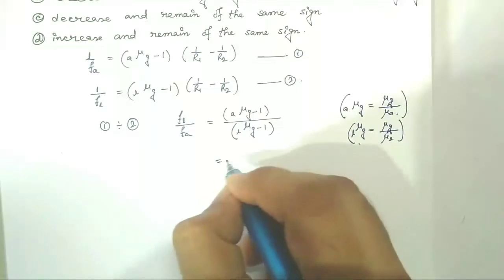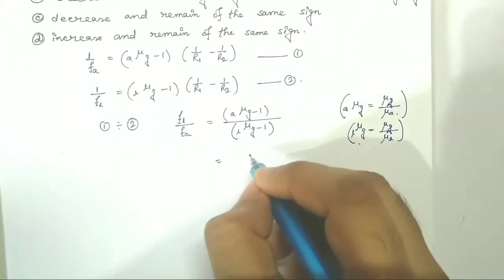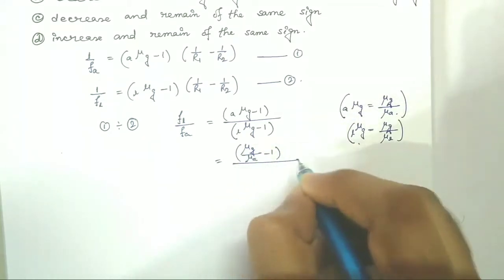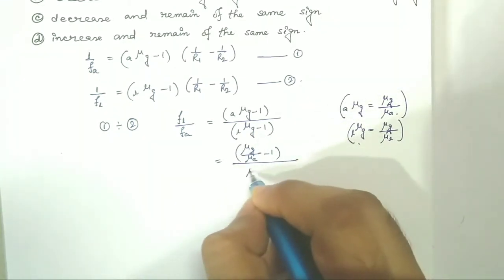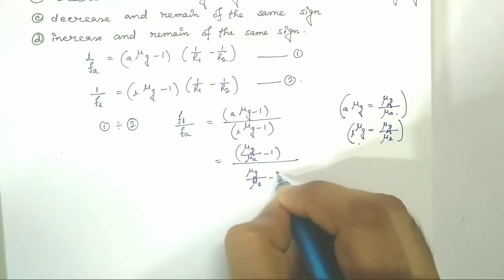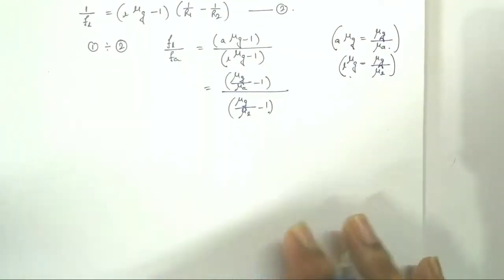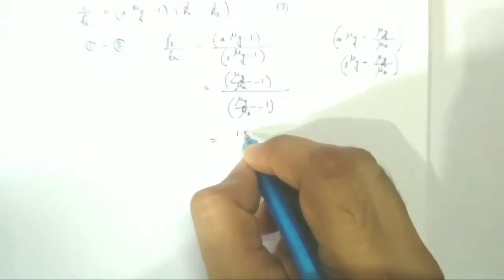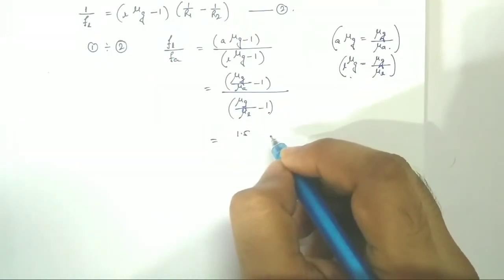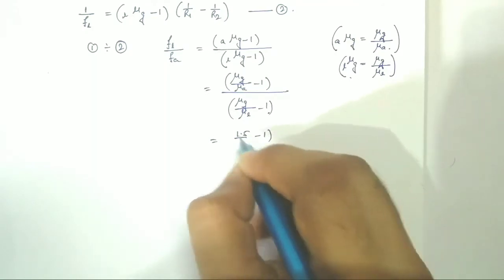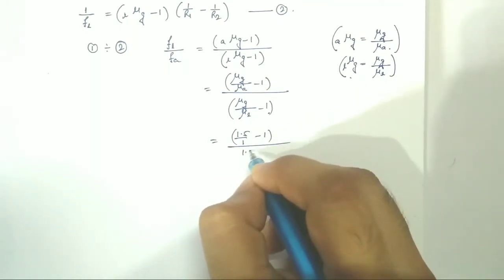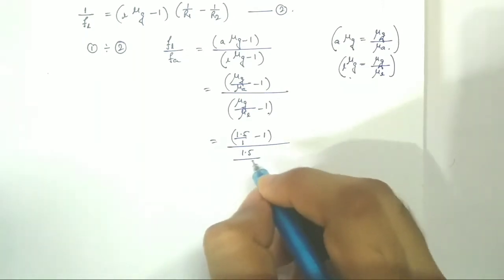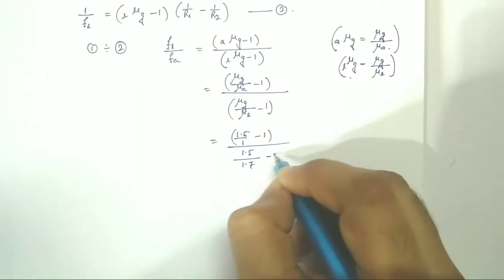Now aμg we can write as μg/μa − 1, and lμg as μg/μl − 1. Now μg is 1.5 and the refractive index of air is 1, minus 1, divided by 1.5 divided by the refractive index of the liquid, 1.7, minus 1.